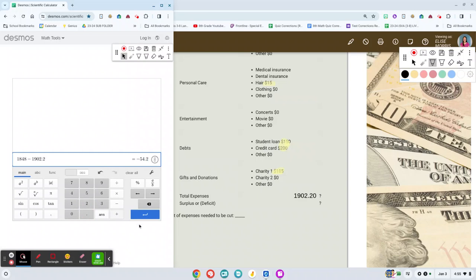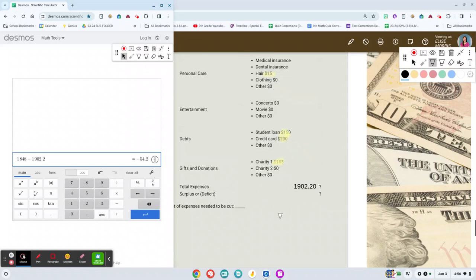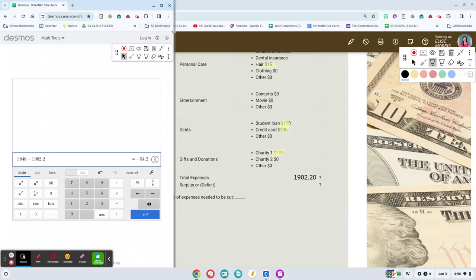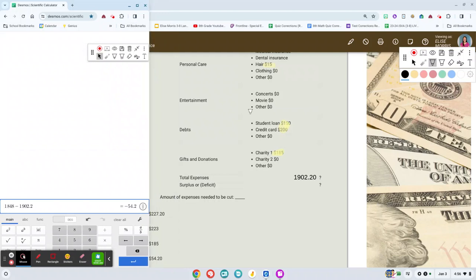Ooh, this is not looking good. We get a negative number, which means we have more expenses than the money we have. So our deficit is $54.20. So we need to cut that much from our budget.